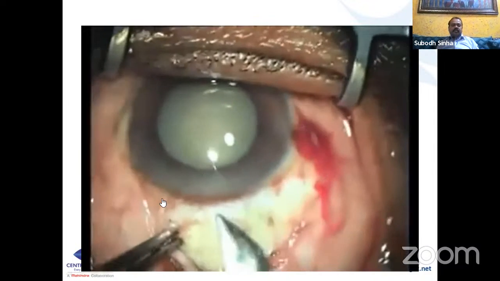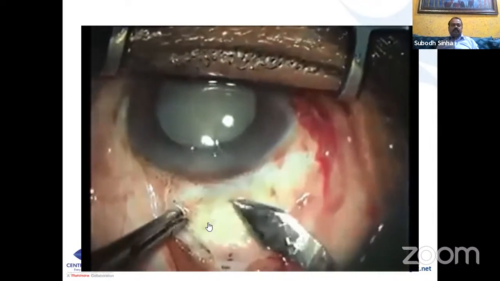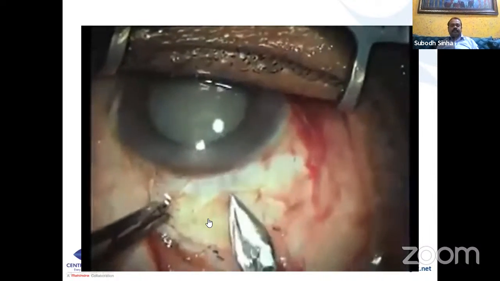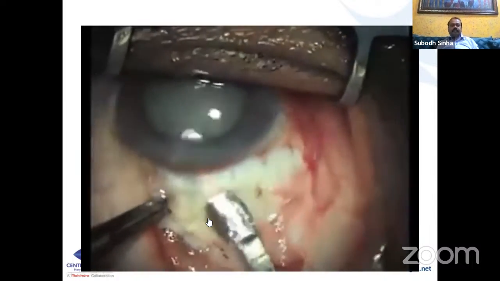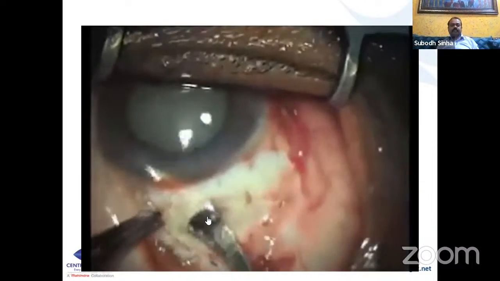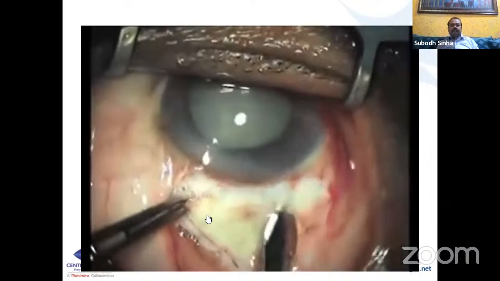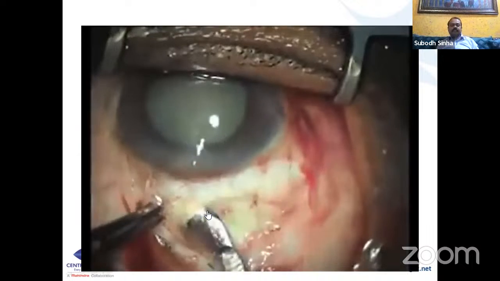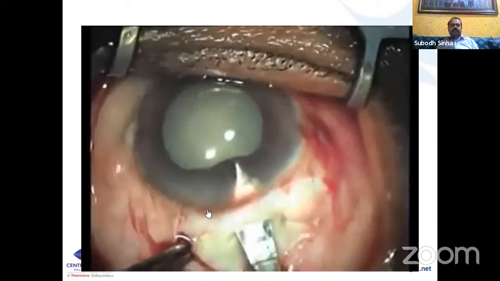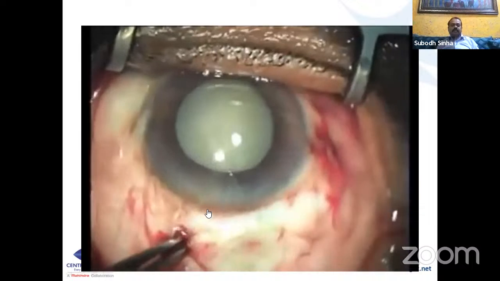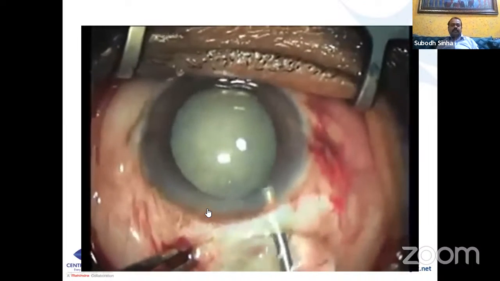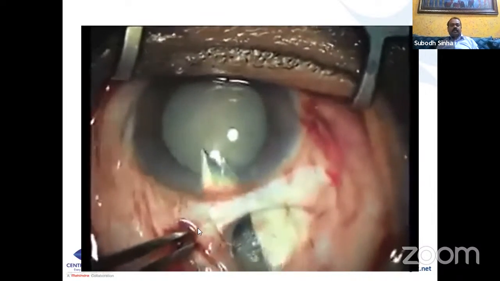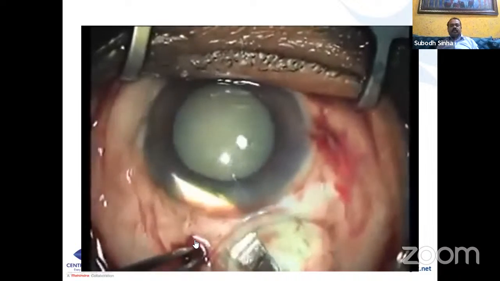As you can see, they are using just one instrument to do everything about the tunnel making. The same blade is used to make a linear capsulotomy also.